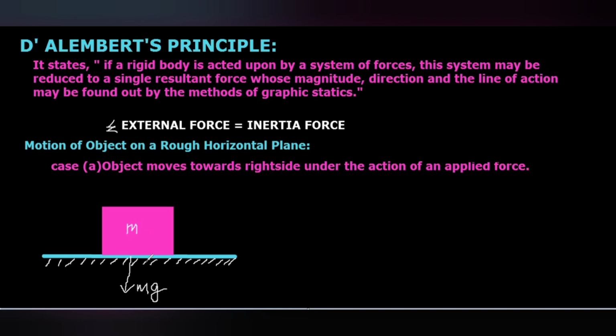That means this mg, the weight of the object, is the force exerted by the object on the plane. Then the surface will exert an equal and opposite force to this weight, which will act exactly upward. That is the reaction force.